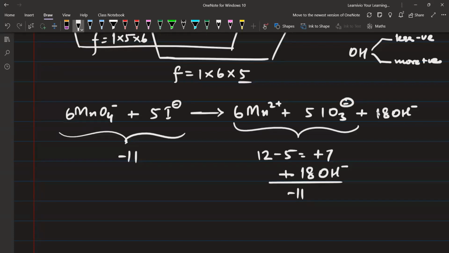If I have 18 OH negative, then how many water molecules on the reactant side? We don't have any hydrogen here, so we have to add water here: 9H2O. Now check whether it is balanced or not, mainly the oxygen atoms.